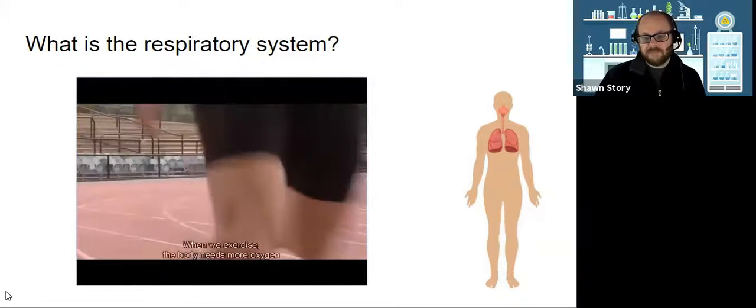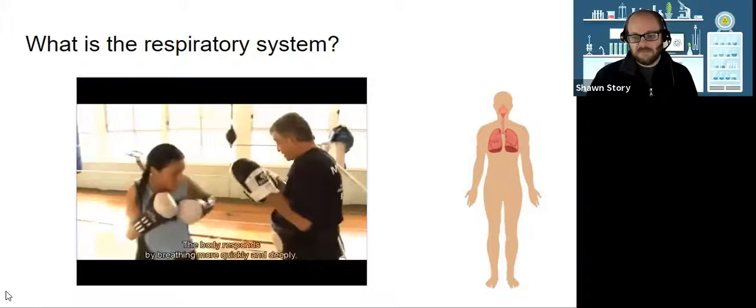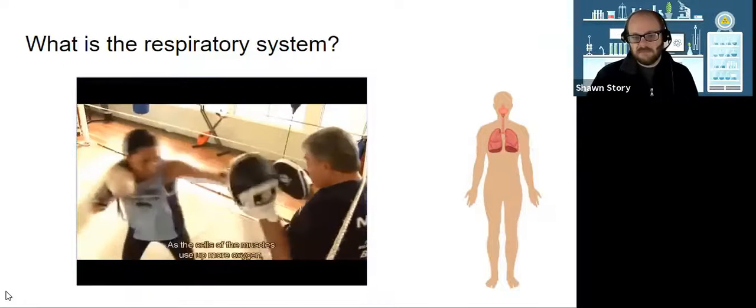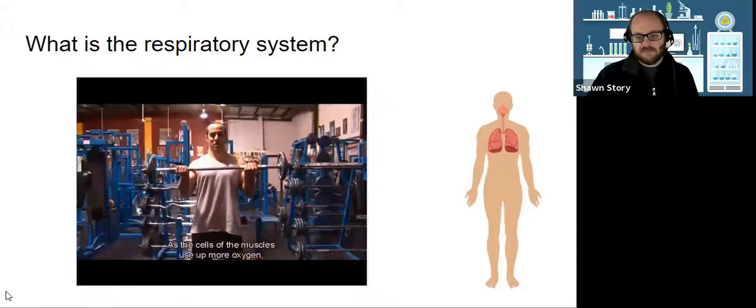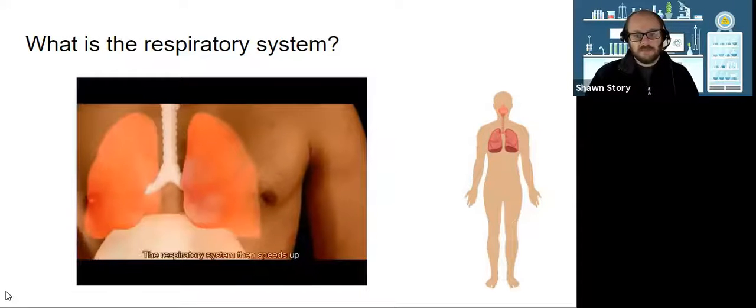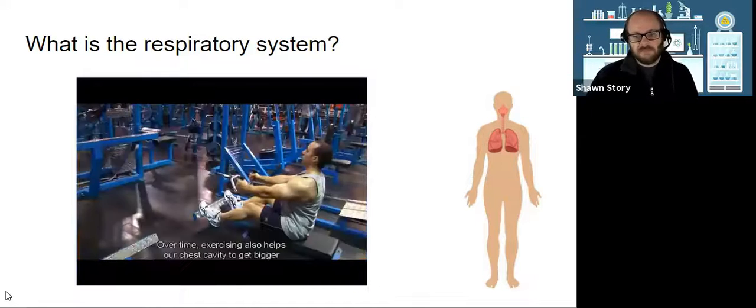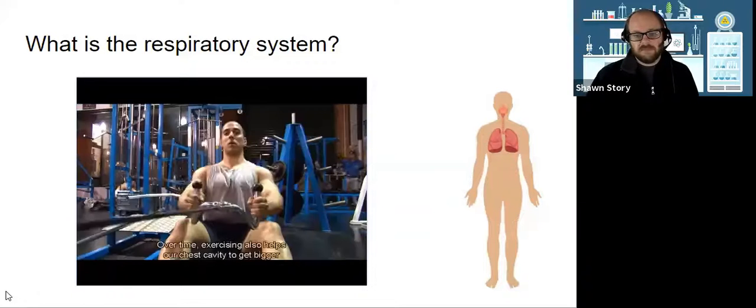the body. When we exercise, the body needs more oxygen to feed the muscles as they work harder. The body responds by breathing more quickly and deeply. As the cells of the muscles use up more oxygen, the lungs have to work harder to keep up the supply. The respiratory system then speeds up to supply the body with much needed oxygen, and also to get rid of the carbon dioxide waste in the system.